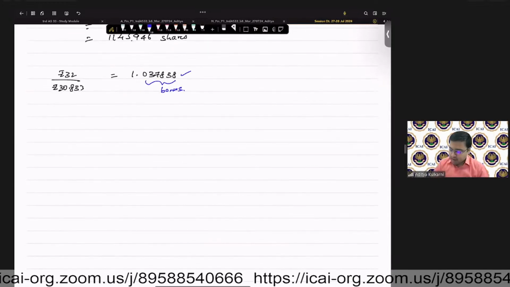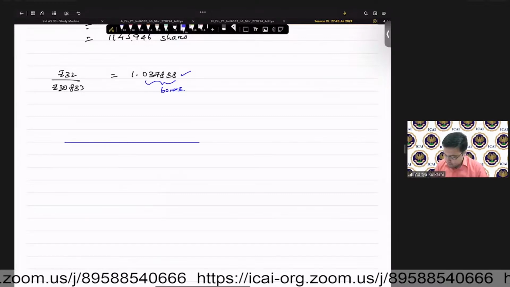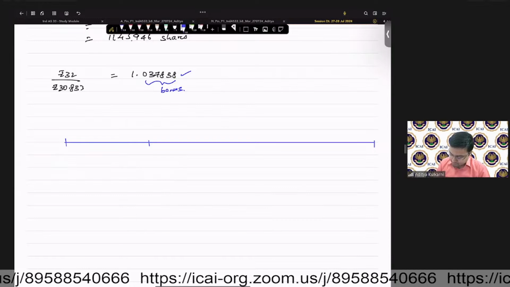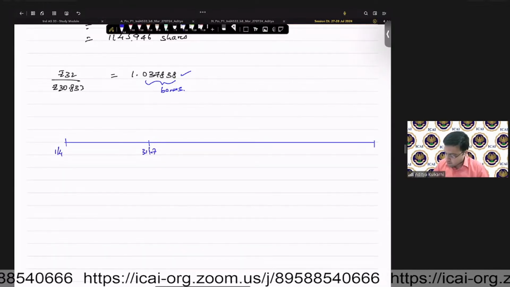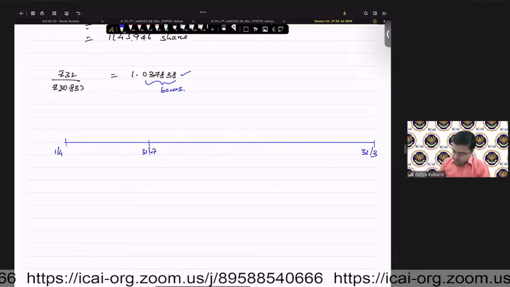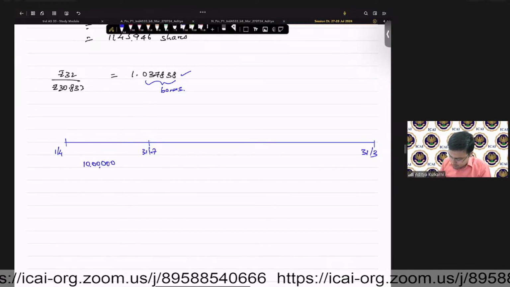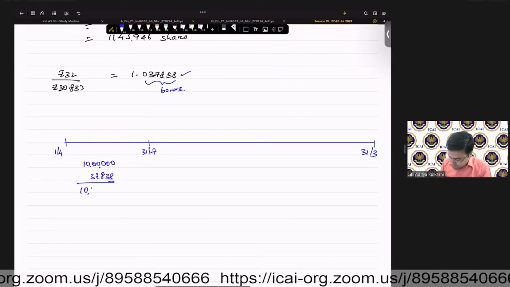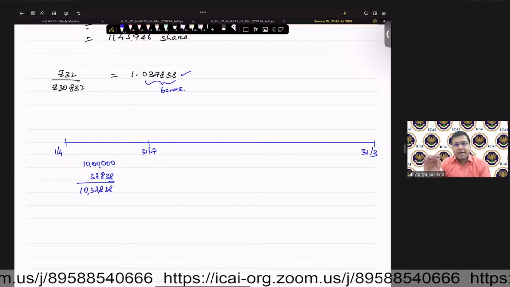So if I further take the timeline, for simplification, it will look like this. 1st April, 31st July, 31st March. We had 10 lakh shares here, if you remember, and 37,838, so 10,37,838. 37,838 is my bonus.